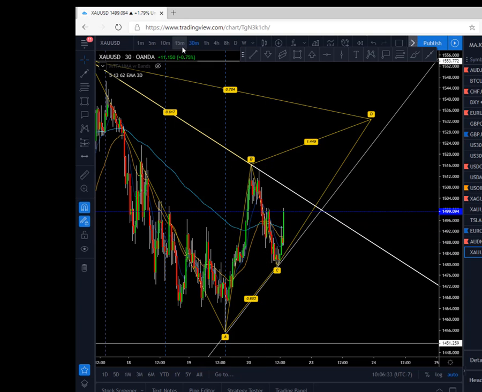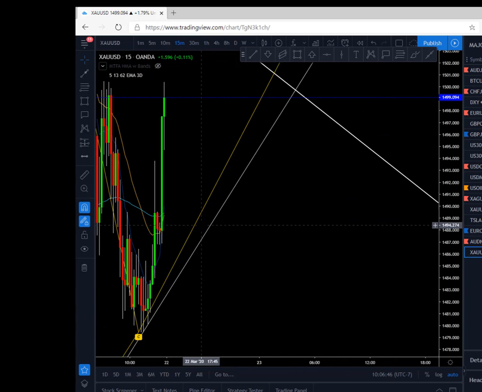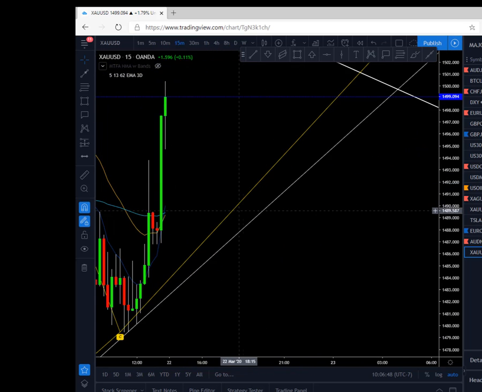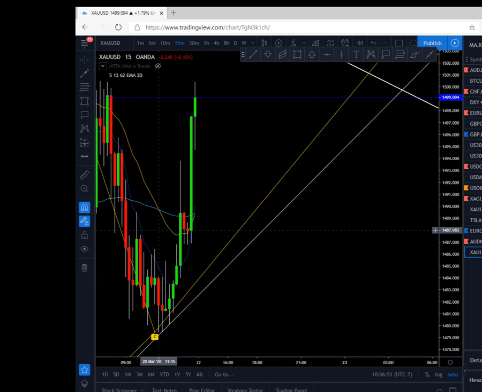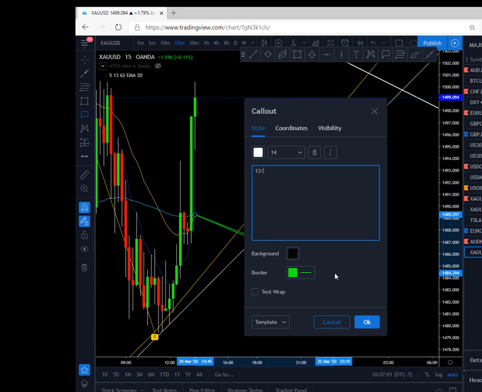So at this time, I'm gonna go into my 15 minutes because that's where I have my 13 and 62 EMA setup. As we are zooming in, you can see that they're about to cross. This is also pending, but most likely it is going to cross.